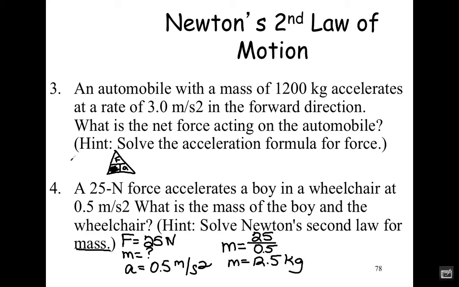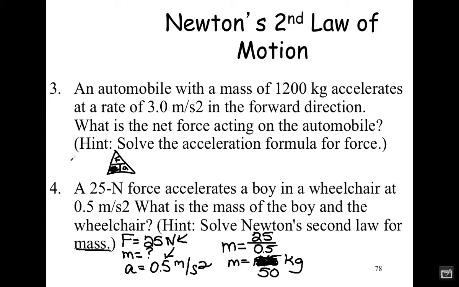Now let's take a look here at, oh, not 12.5, I'm sorry, it's 50 kilograms. Now let's take a look at the sig figs. 25 has 2 sig figs, but my 0.5 only has 1. My answer 50, as I have it written, also only has 1. So my final answer is 50 kilograms.